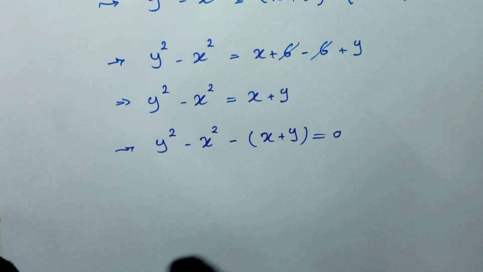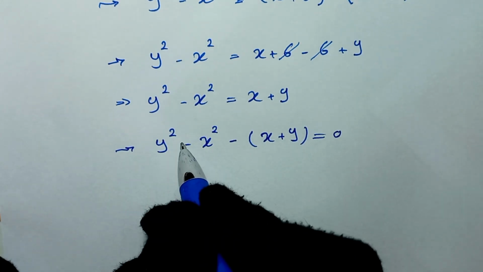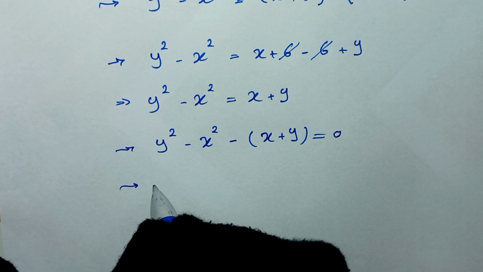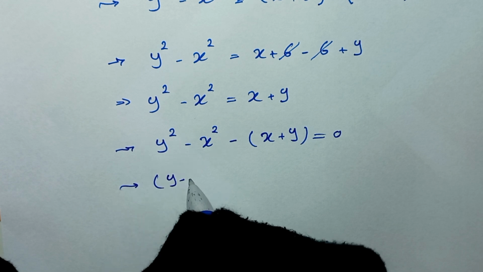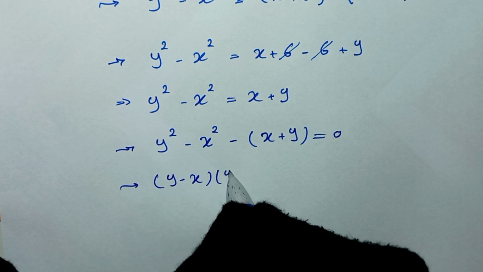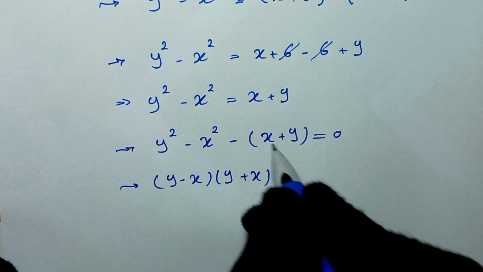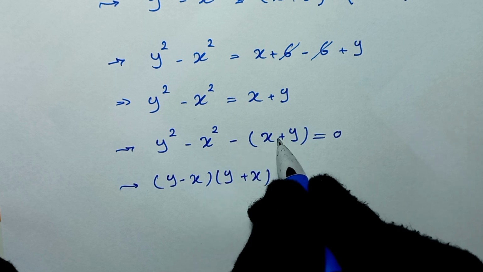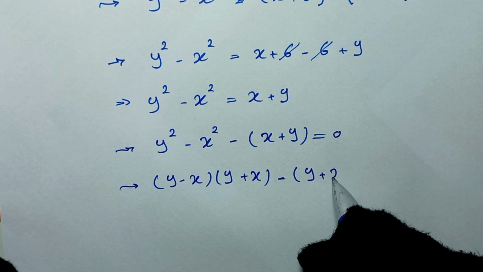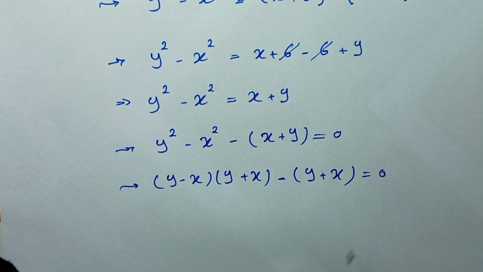And here we have y squared minus x squared, and this is in the form of y minus x times y plus x, and minus this x plus y, or y plus x, right, is equal to 0.